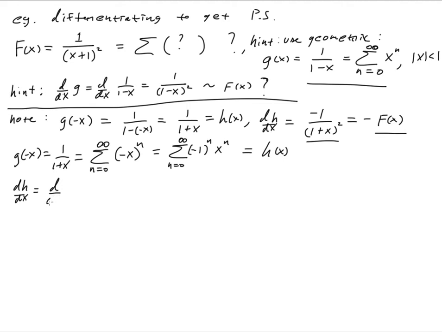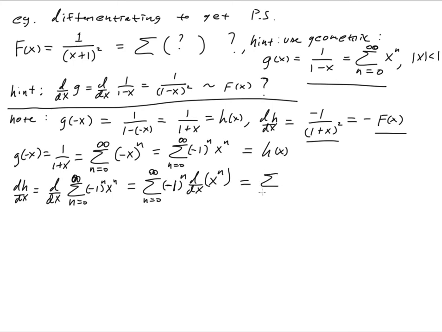So I'm going to take the derivative of this sum, okay, and the derivative will pass through the sum, and it will zero in, of course, on anything that has an x in it. Any constant, in this case negative 1 to the n, those are just constants, so the derivative will pass right through there. That's the classic rule of derivatives.